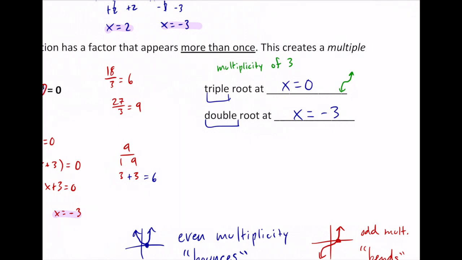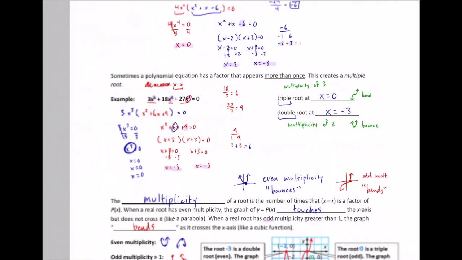And then we have a double root. Double means 2, so that means we have a multiplicity of 2. 2 is an even number, so that means our graph is going to bounce here. So the graph will bend here, and it will bounce here at x equals negative 3.